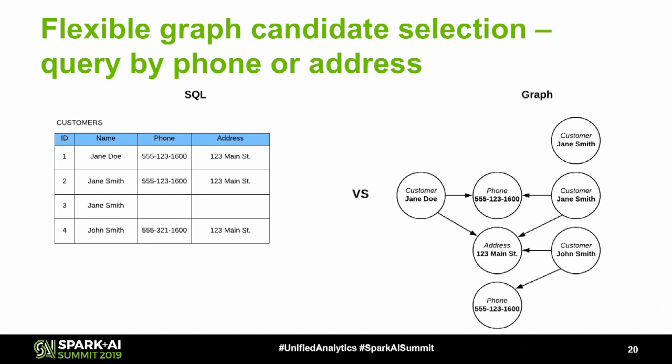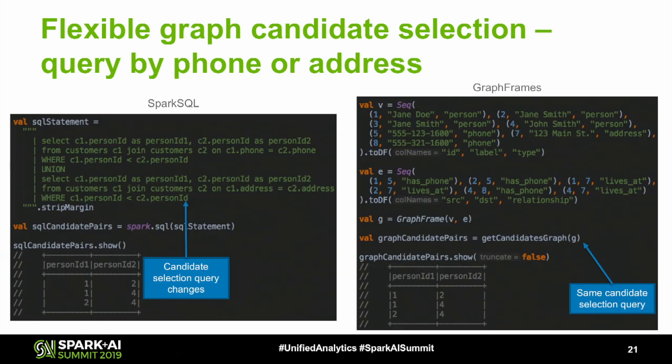So let's add another attribute, like address. The underlying data changes a little bit. And the key here is that on the left, you have to change your SQL query. On the right, you'll notice I didn't change the graph candidate selection query.